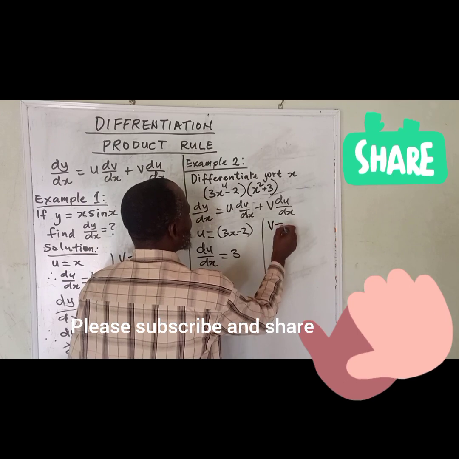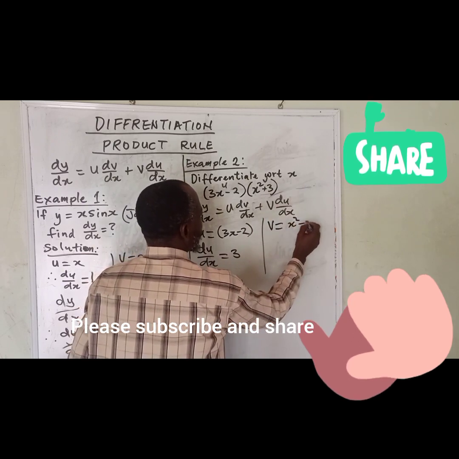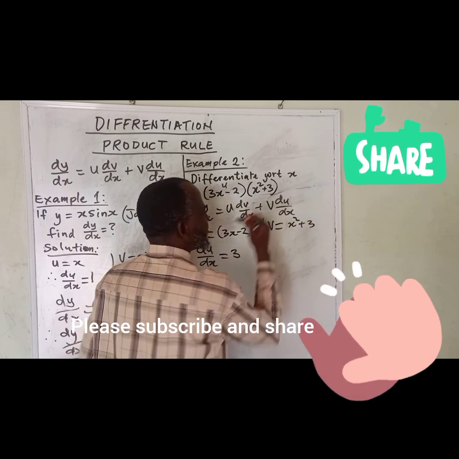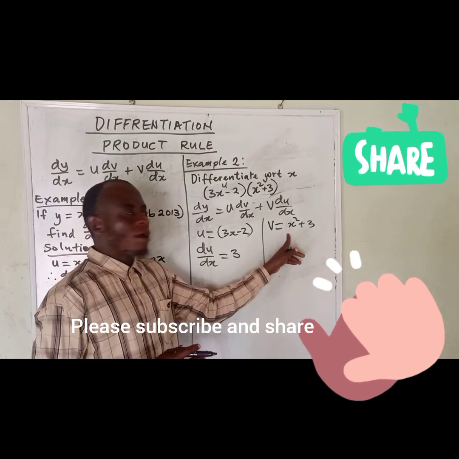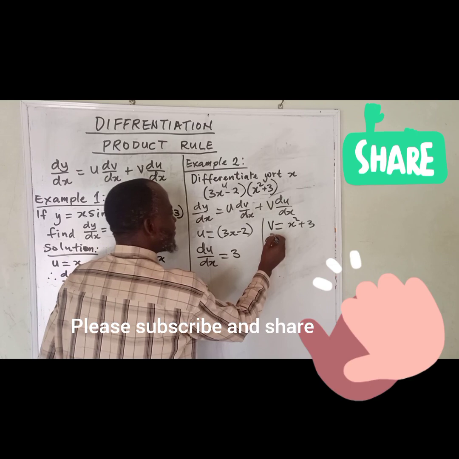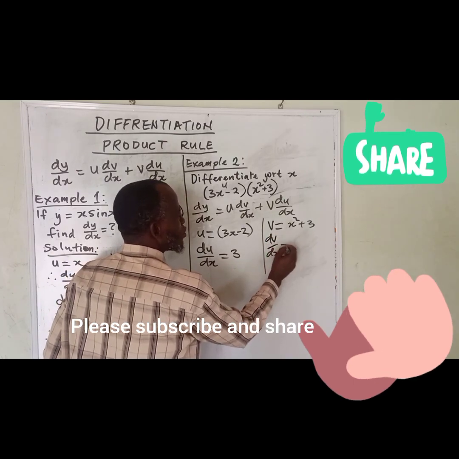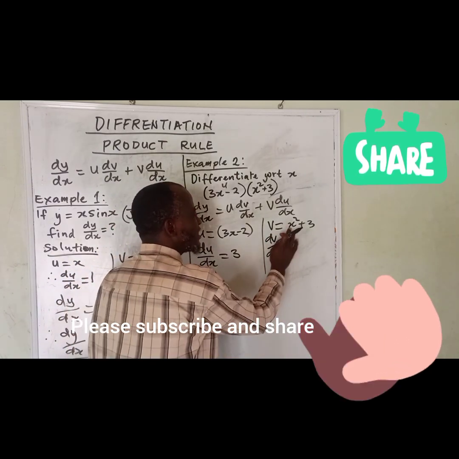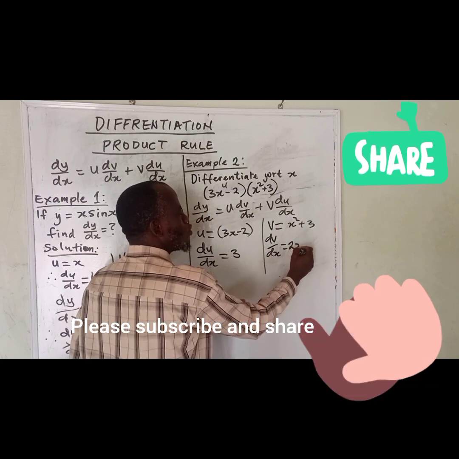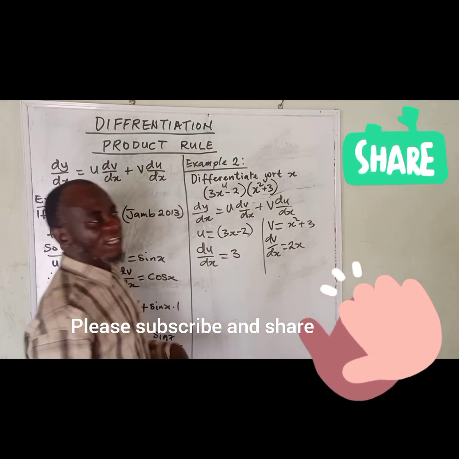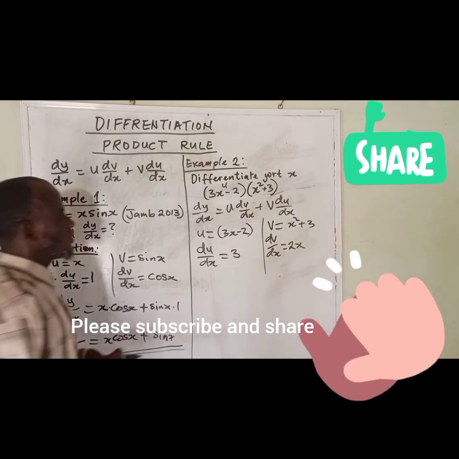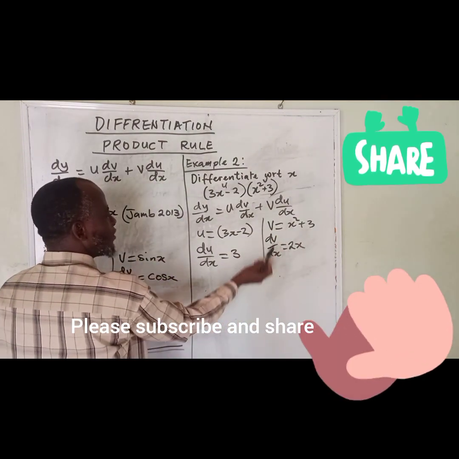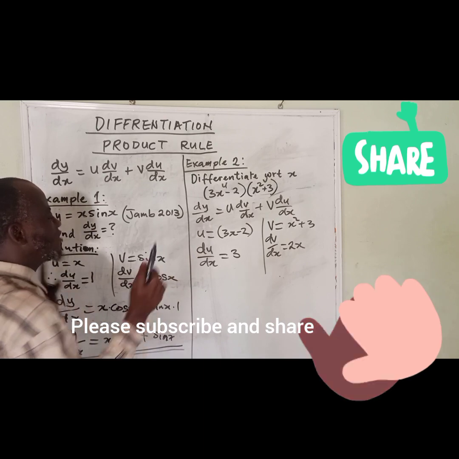The v, let's say v equals x squared plus 3. Now our dv/dx will be what? If you differentiate x squared, you will have 2x. And if you differentiate a constant, it gives you 0. Now we have our v, we have our dv/dx, we have u.